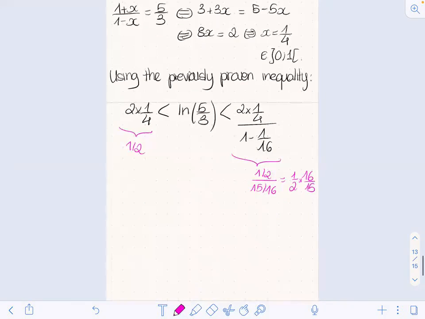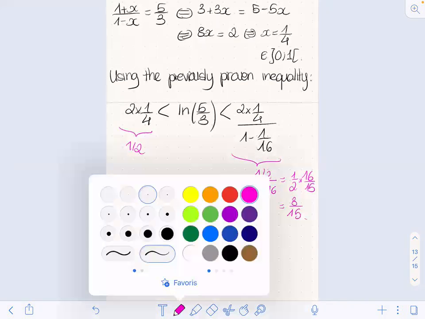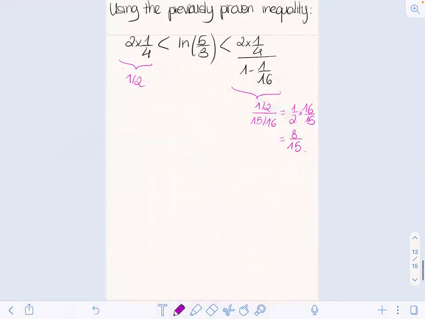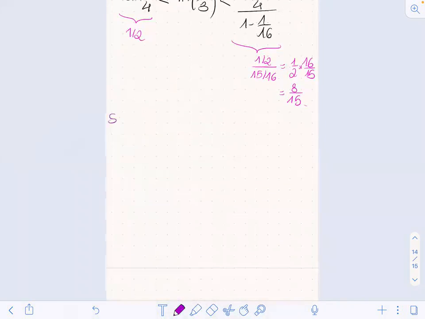So we'll get 16 over 30, so 8 over 15. There we go. So we get 1/2 smaller than logarithm of 5 over 3 smaller than 8 divided by 15.